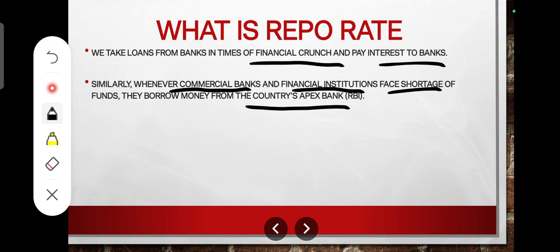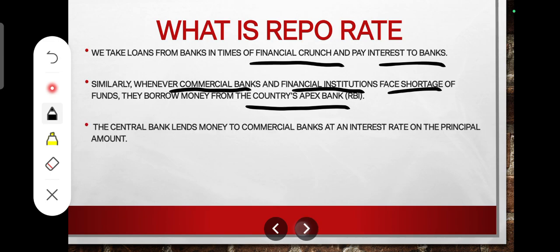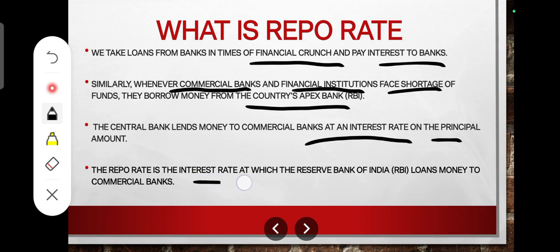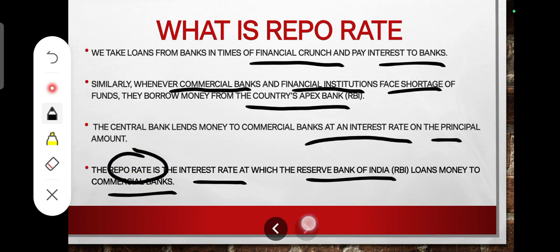So these commercial banks go to the Reserve Bank of India and take the loan. Whenever they are taking the loan from the Reserve Bank of India, they will be charged a rate of interest on the principal amount. So this rate of interest that the Reserve Bank of India charges from the commercial banks is called repo rate.